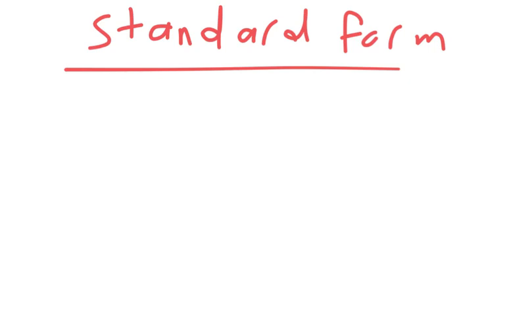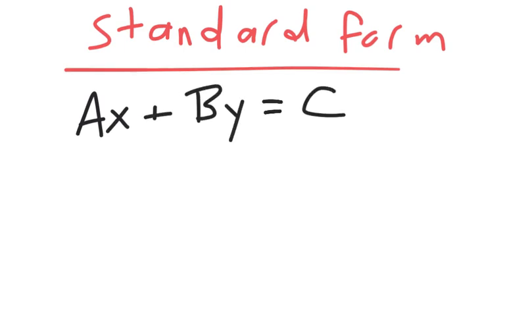Does anyone know what the standard form of a linear equation looks like? Yeah. Ax plus By equals C, where A, B, and C are integers.